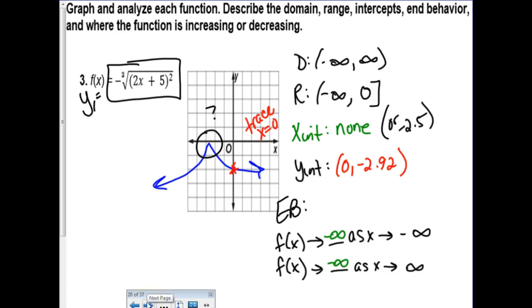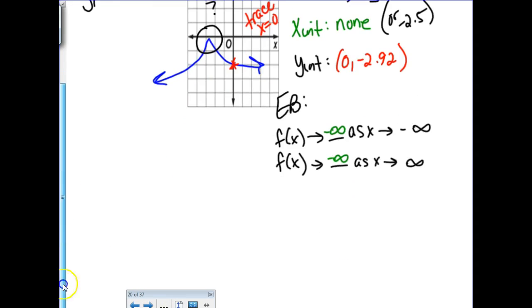All right, and then increasing and decreasing behavior. So think about a roller coaster. When I look at this side, the roller coaster is going up, up, up, and then it reaches a maximum and then goes down, down, down. So it's increasing from when to when? Negative infinity till when?